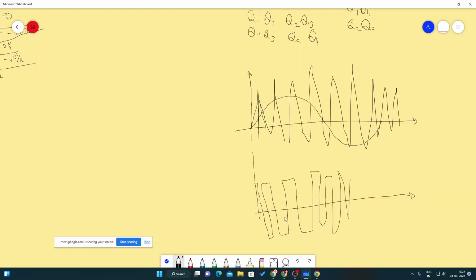You see that it has some value here, it has some value here. If you take the average of these pulses, you will essentially get a sinusoid. If you add a low pass filter after this output voltage waveform, then the voltage waveform will be a sine wave.